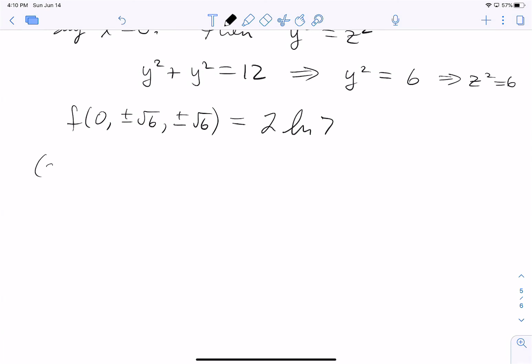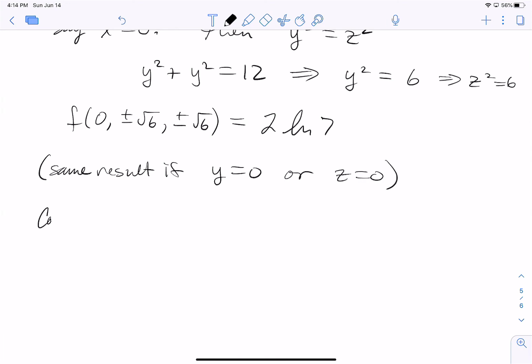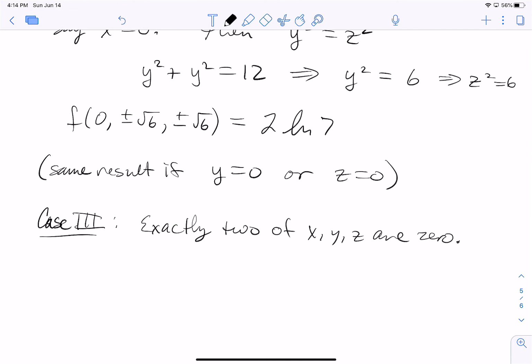I'll note here that we get the same result if y was equal to 0 or if z was equal to 0. The remaining case, which we're going to call case 3, is the one in which exactly 2 of x, y, or z are 0. Let's say that x is the one that's not 0.